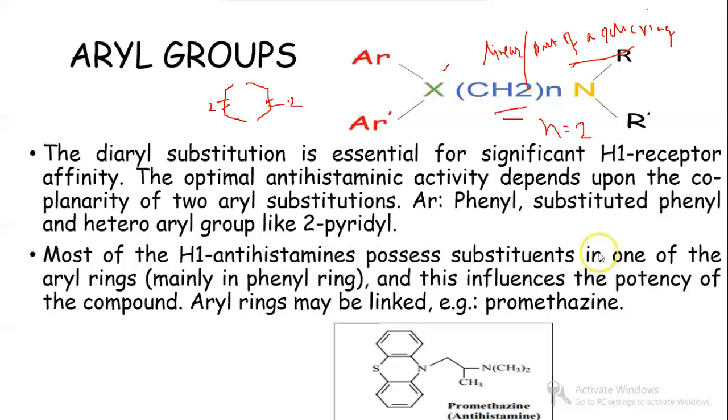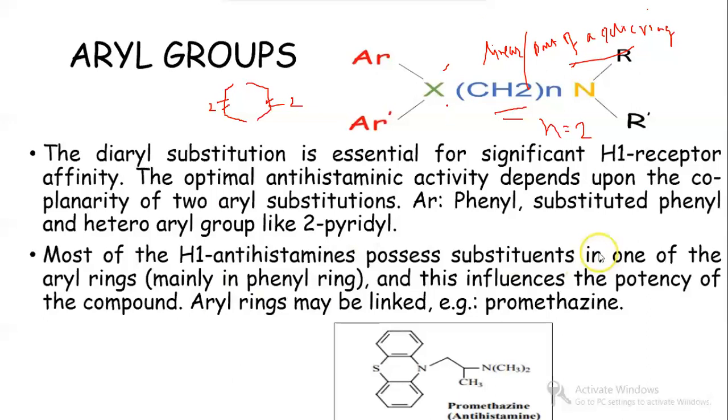So the hydrophobic interaction with the lipid receptor is more, plus the lipophilicity of the compound is more, so the cell permeation will be more. Overall, this part gives the hydrophobic interaction. The ethylene bridge gives hydrophobic interaction with the receptor, and helps to fit the compound in the binding pocket of the receptor.